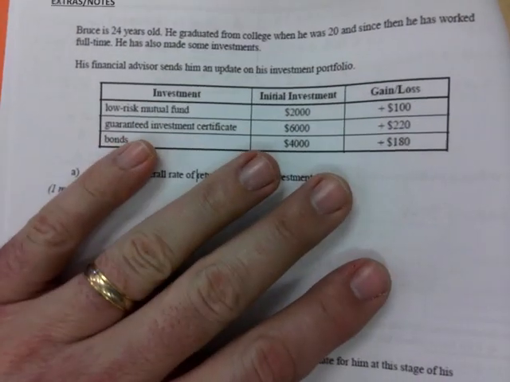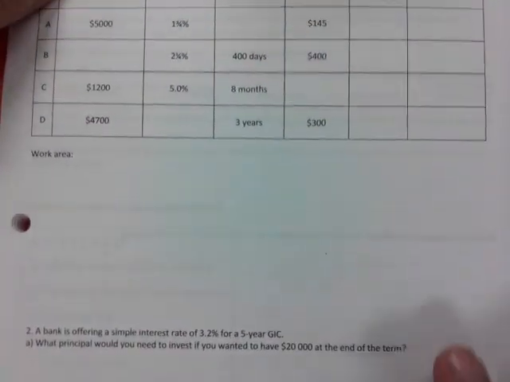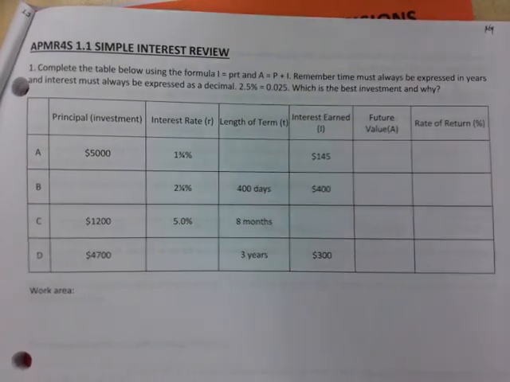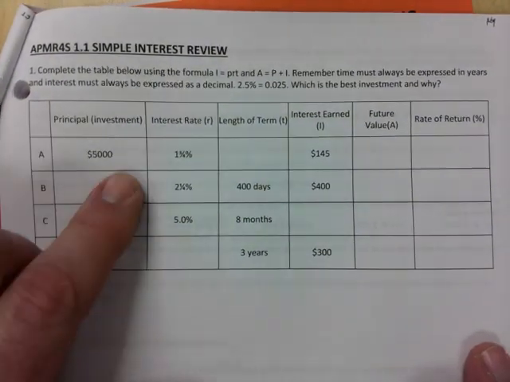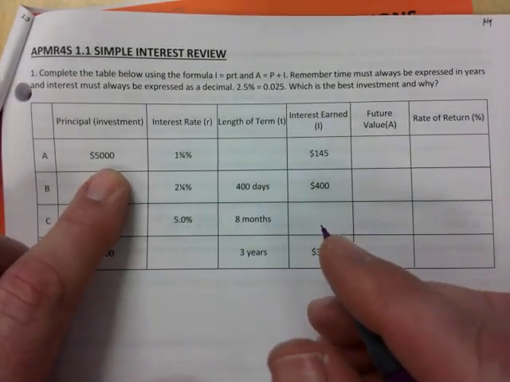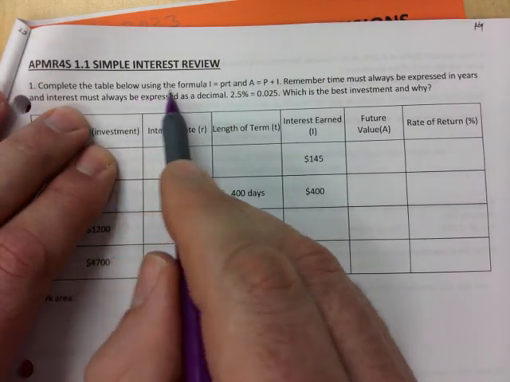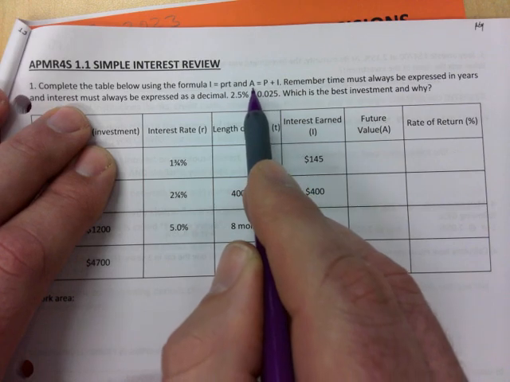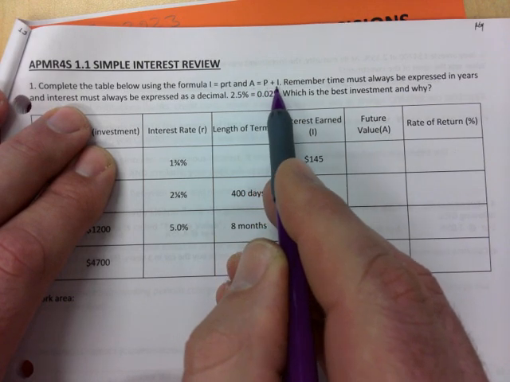I'm going to do this in class, so we'll just wait for that. Simple interest review. This should be quite easy to fill in. Complete the table below using the formula I equals PRT and the fact that the final amount is principal plus interest.